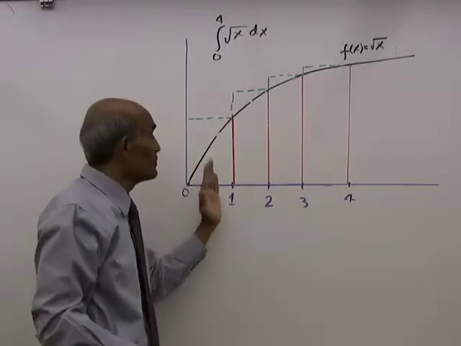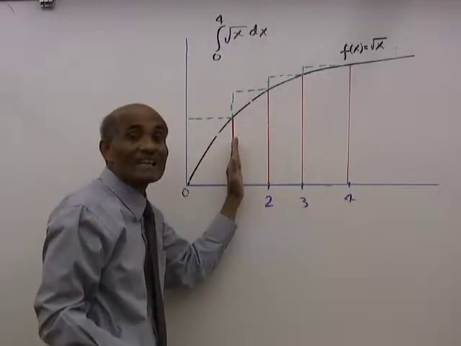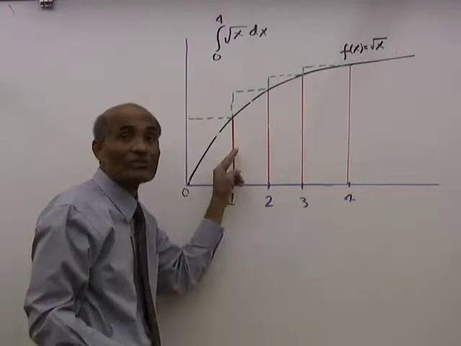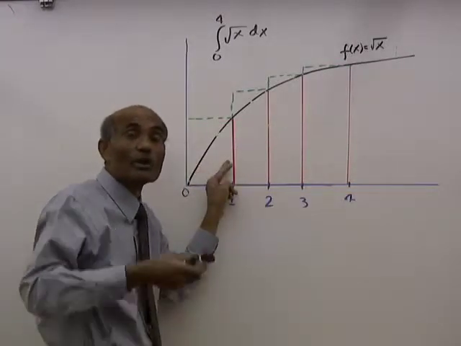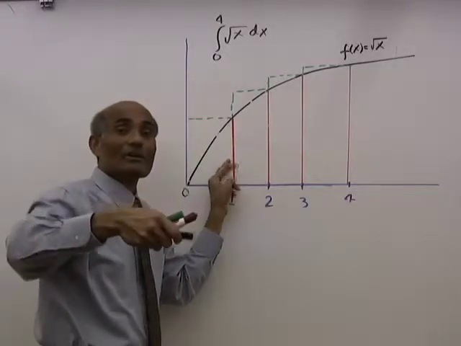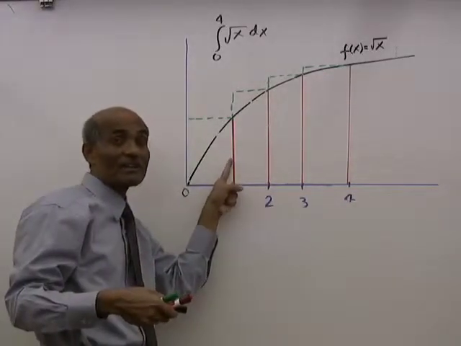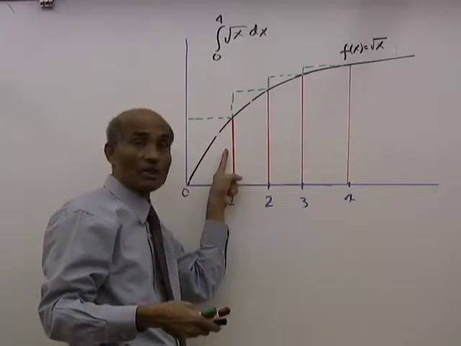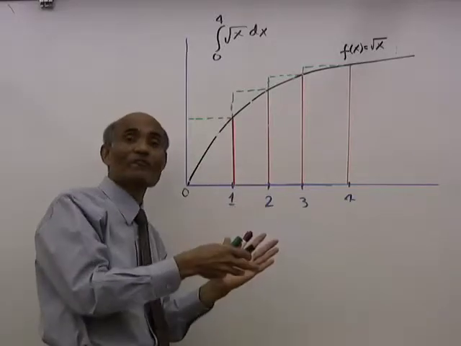That means if you use the right side of the rectangle to calculate the area of the rectangle, you get a bigger value than the actual. But if you use the left side of the rectangle to calculate the area, you get a smaller value.